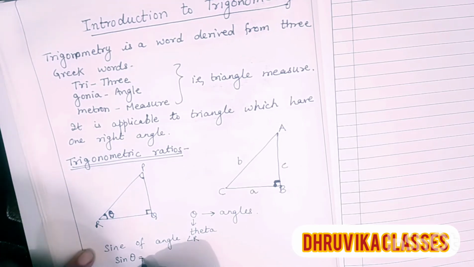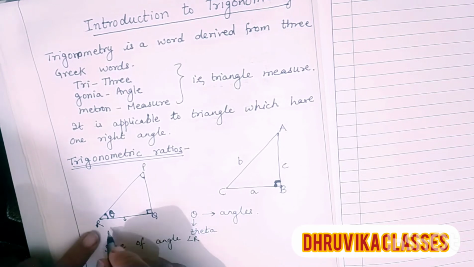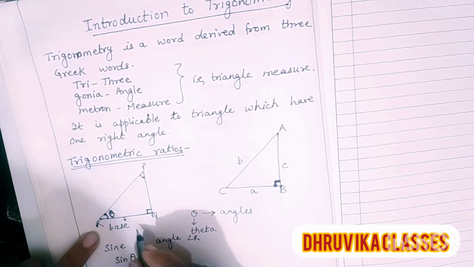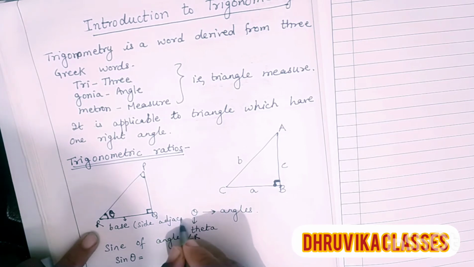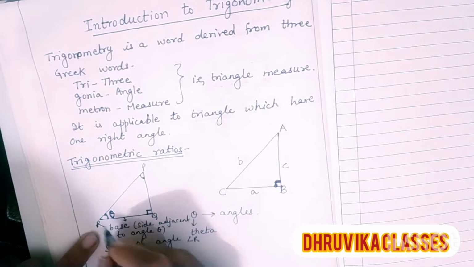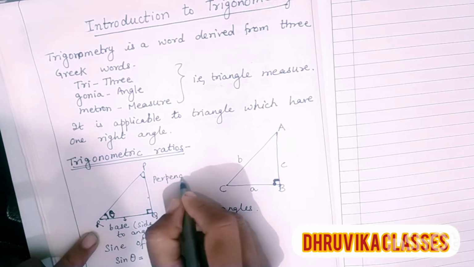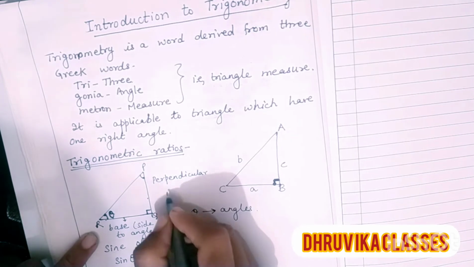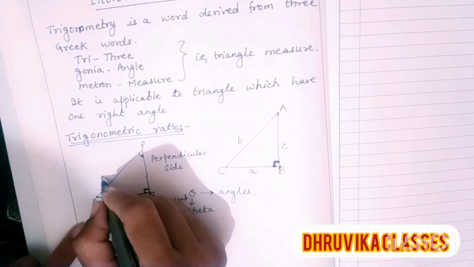For sine theta we use this side, the side containing the angle, which we call the base, that is the side adjacent to angle theta, and the side opposite to theta is called the perpendicular side. And the side opposite to 90 degree is called the hypotenuse.